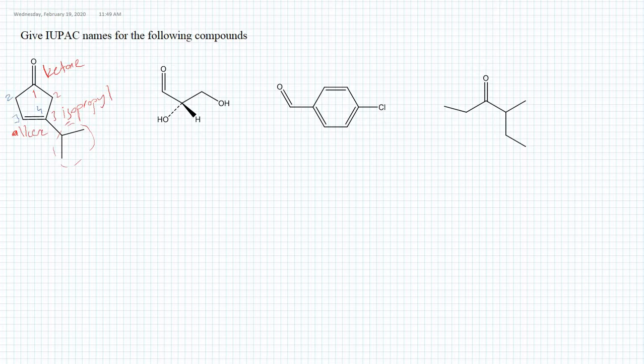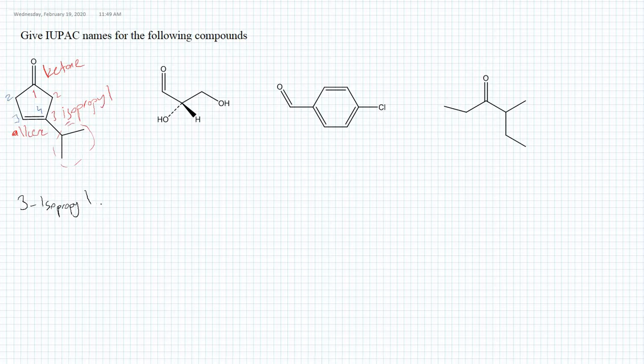So let's write the name. We have here 3-isopropyl, and then this is a cyclopentene, and the location of the double bond is 3. So let's say this is isopropyl.